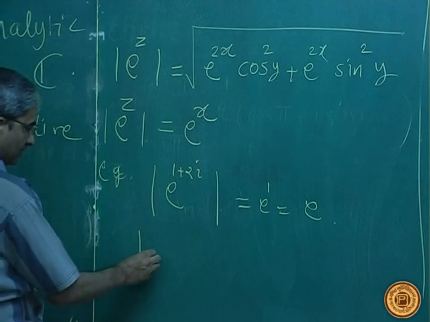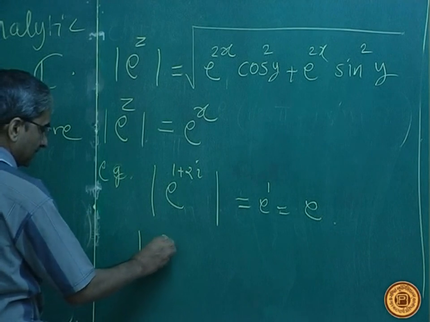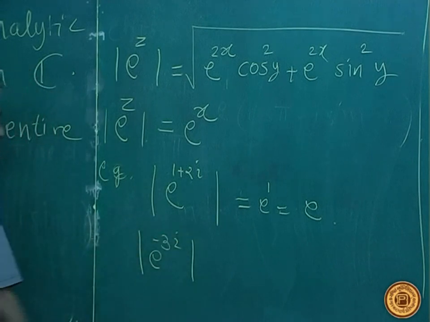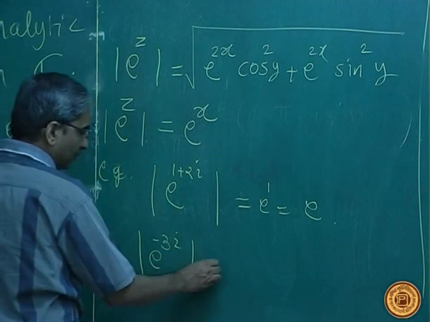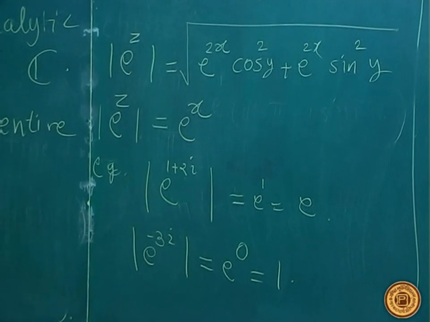Suppose you have e to the power minus 3i. What is mod? Now x is 0. So e to the power 0, that is mod is 1. Absolute value is 1.